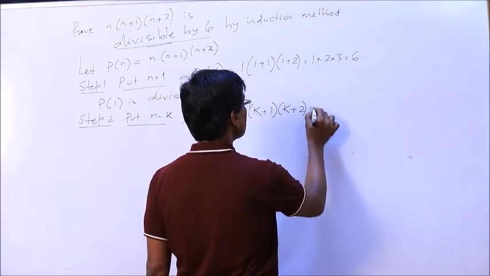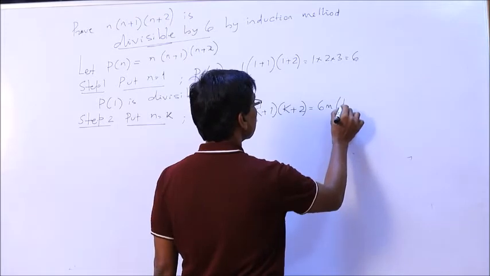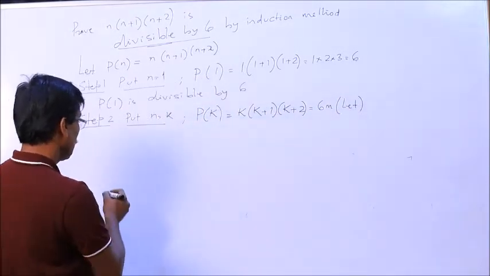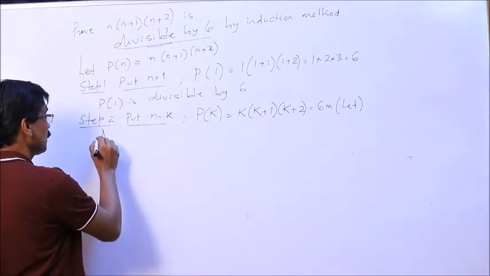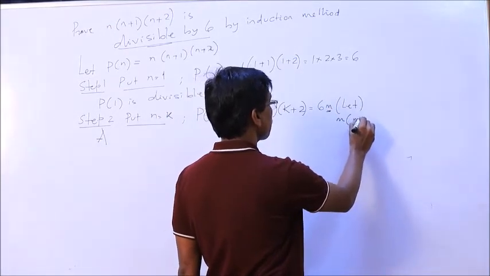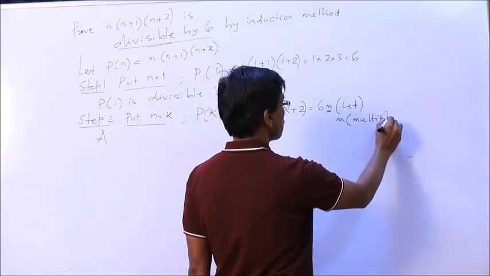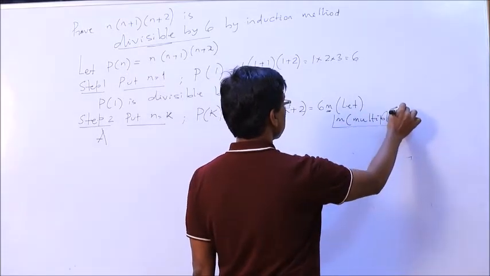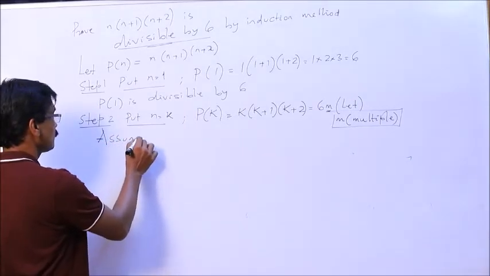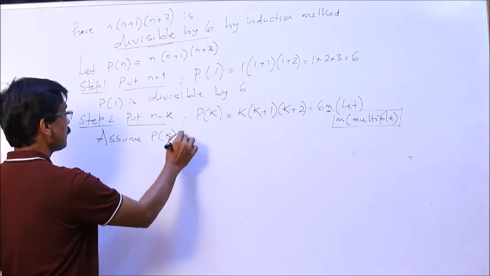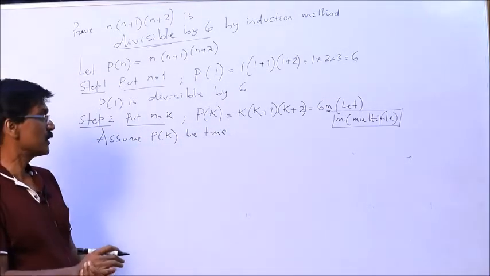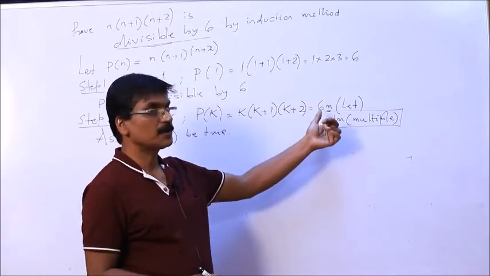Suppose it is equal to 6m, so m stands for multiple. So, assume P k be true. So, that means P k is a multiple of 6.